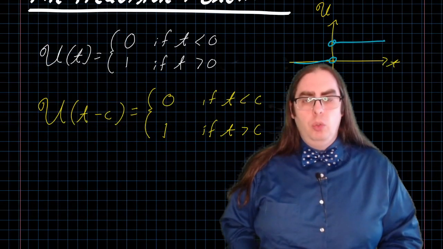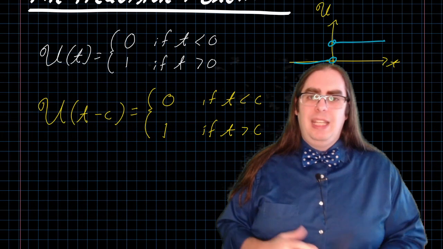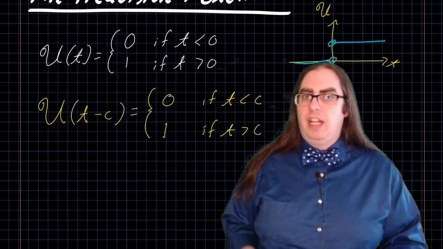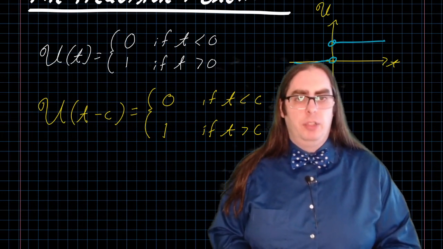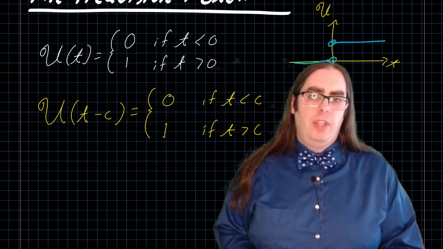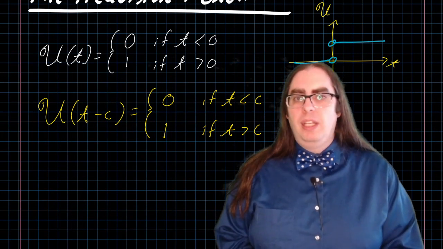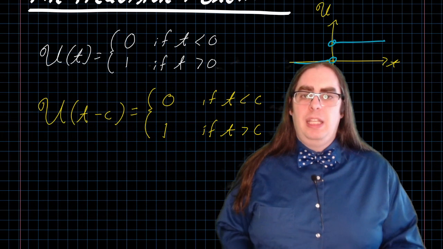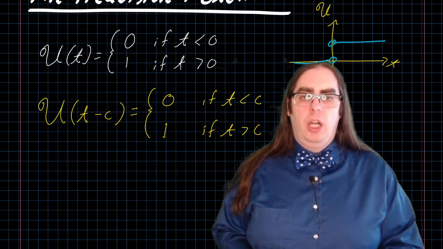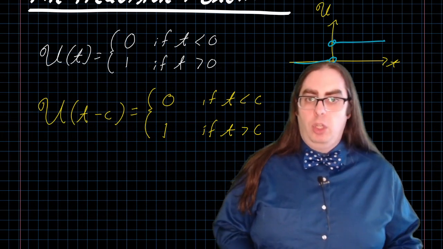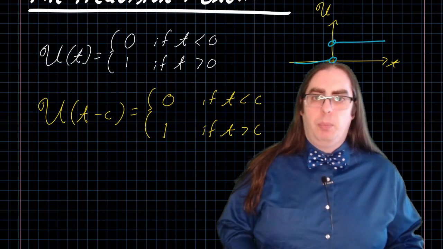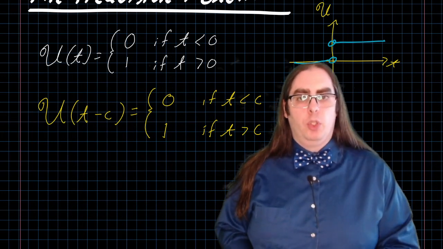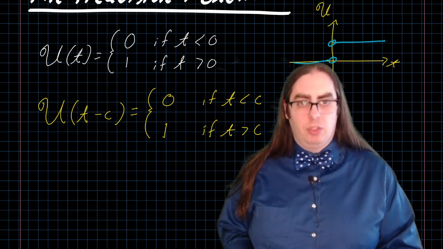We're going to use the Heaviside function inside of integrals, inside of evaluating Laplace transforms. And one of the things that you learned in an integral is that it doesn't matter if you are integrating on an open interval or a closed interval. It doesn't matter if the boundary points are included in the interval or not. It doesn't change the integral.